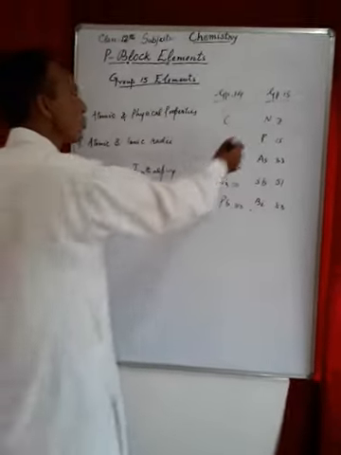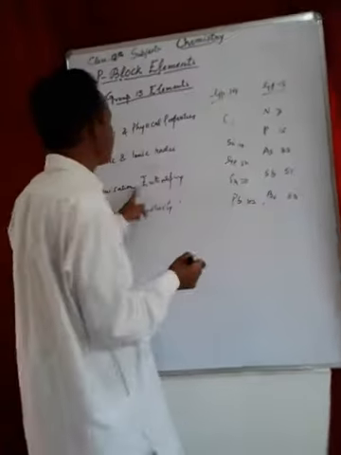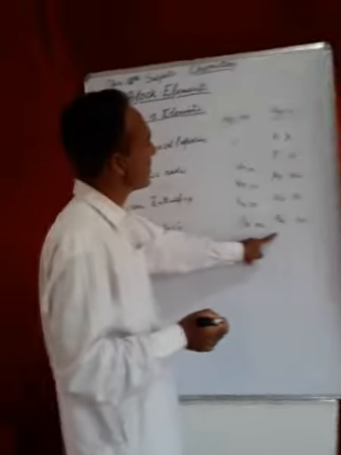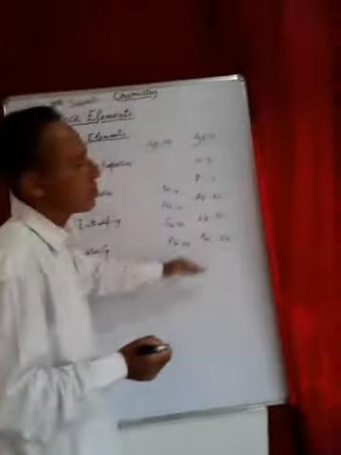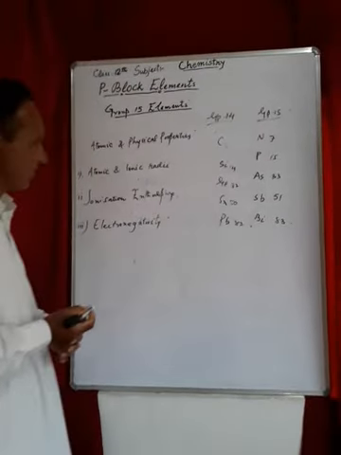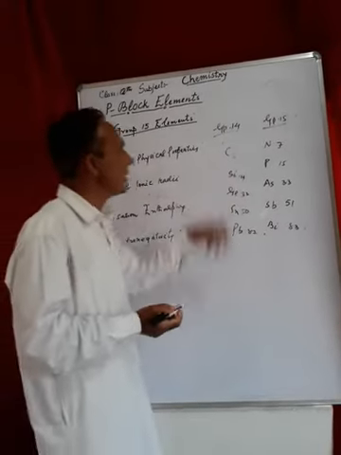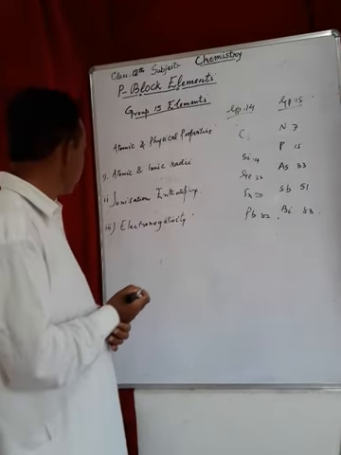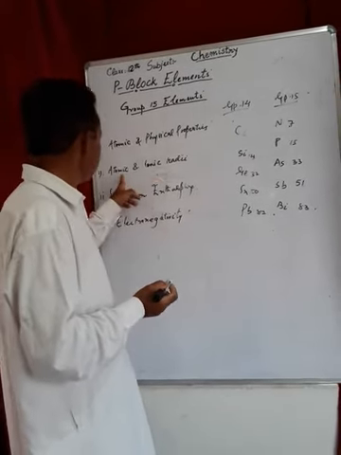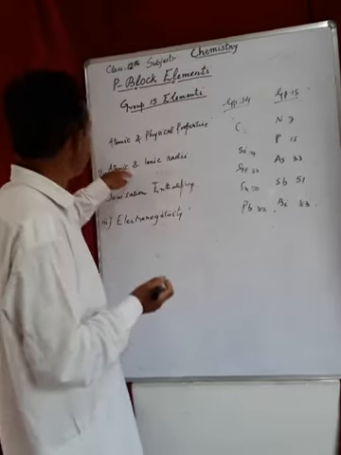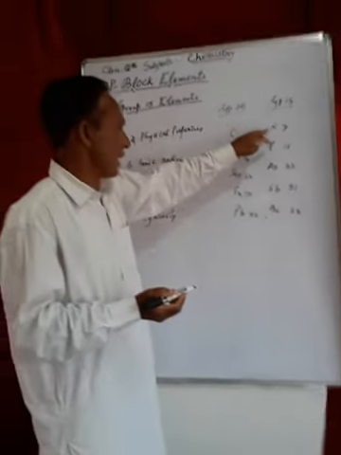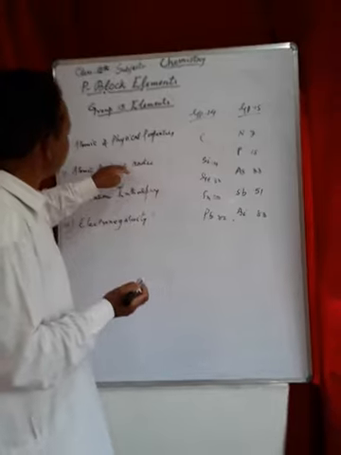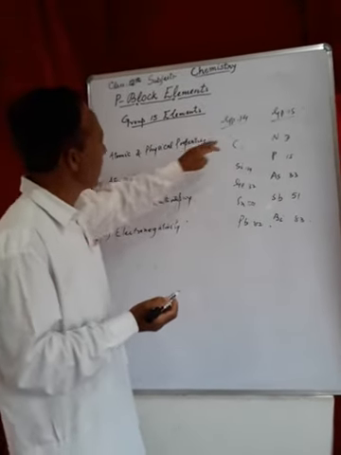But as we move down the group, the ionization enthalpy decreases because the atomic size increases, the number of shells increases, and the atomic and covalent radii increase.